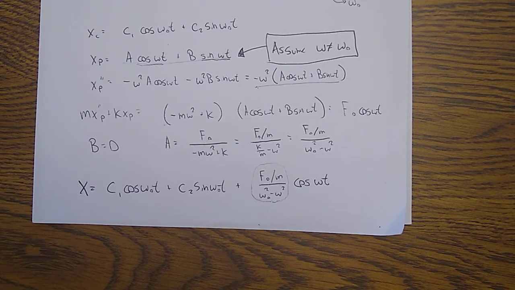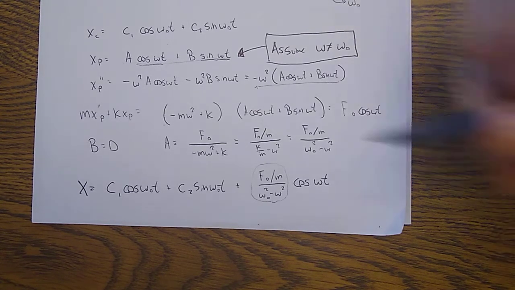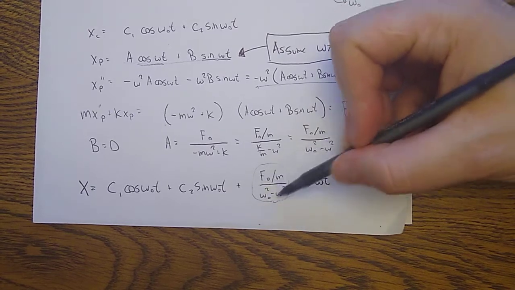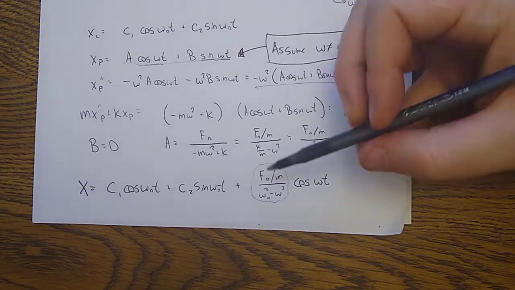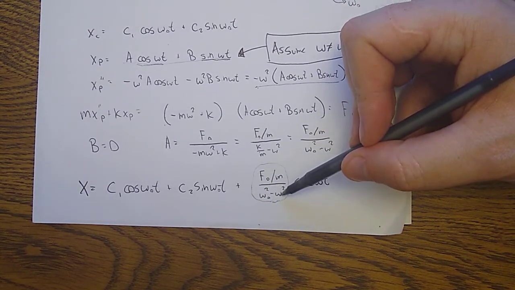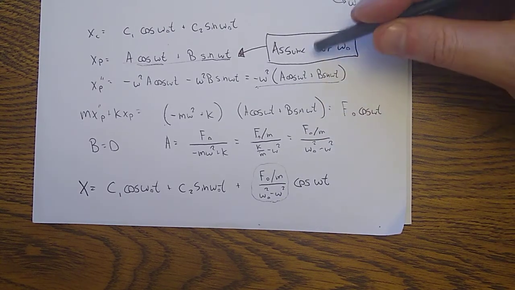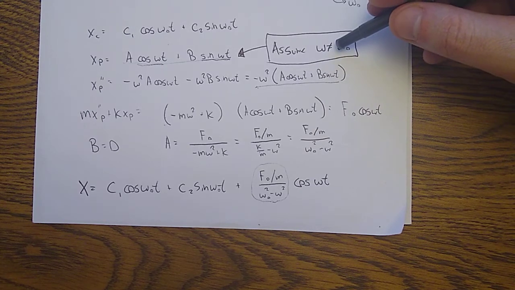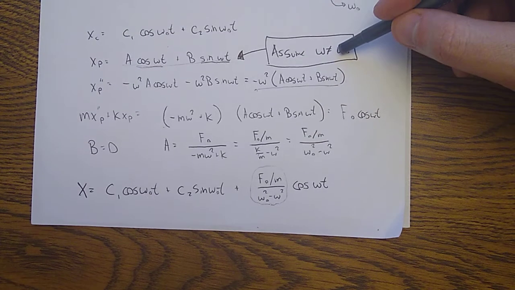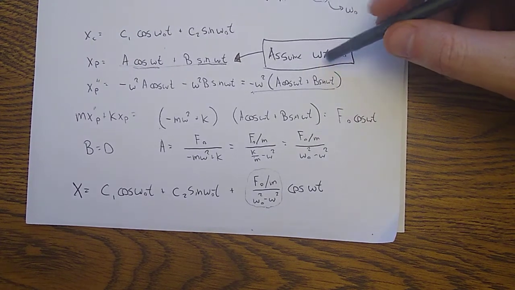So maybe formally this doesn't make a lot of sense. This wouldn't be defined if omega naught was the same as omega. I mean, we would be dividing by 0. Of course, we're assuming that omega naught is not the same as omega. So maybe that shouldn't bother us because it's definitely not the same.